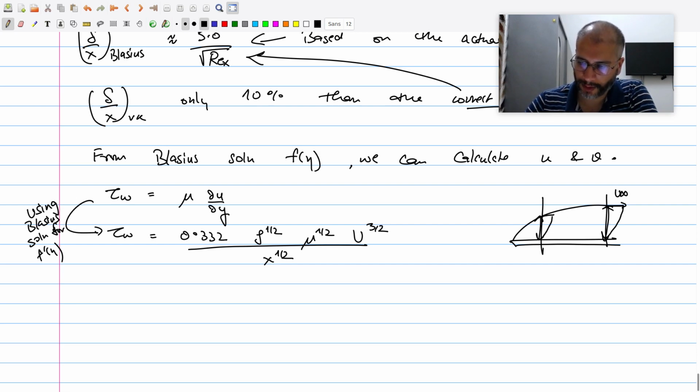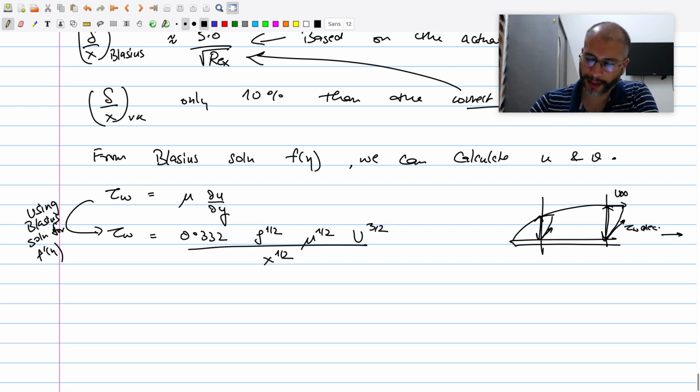That means the gradients are less steep compared to the beginning. So tau wall decreases as you go from left to right. This tells us exactly how tau wall falls as a function of x, and also that tau wall increases as u to the power of 1.5.